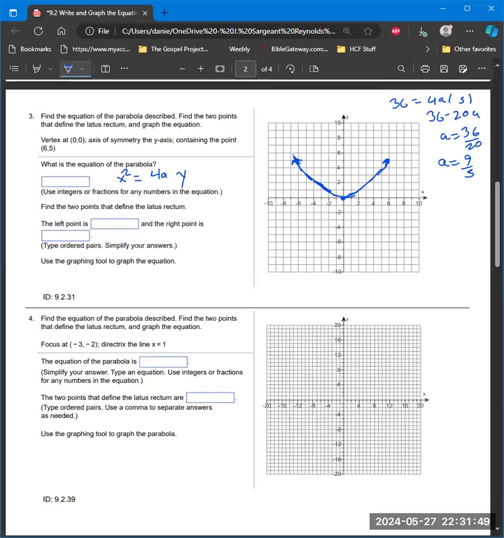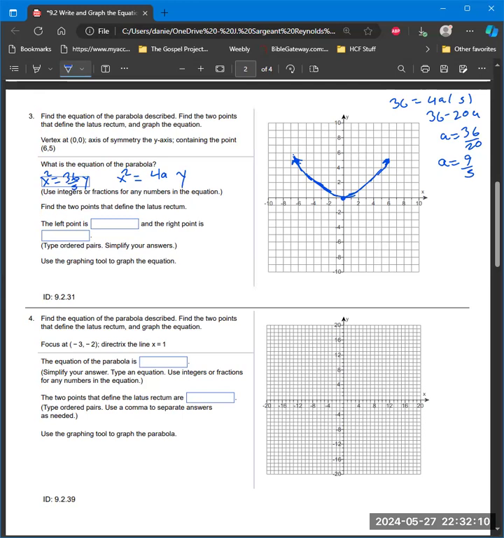So that's my a here. This is going to be x squared equals, not p, but a, 4 times 9 over 5, which gives me 36 over 5 y.